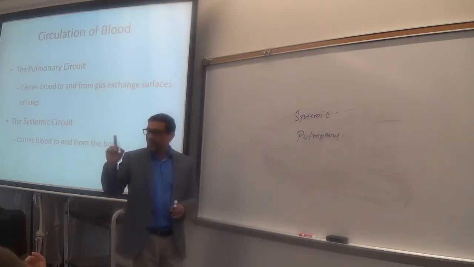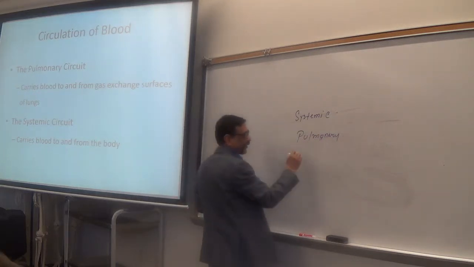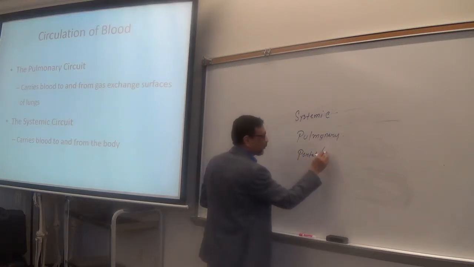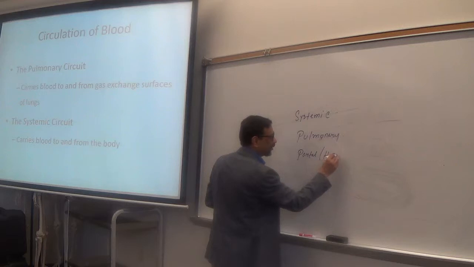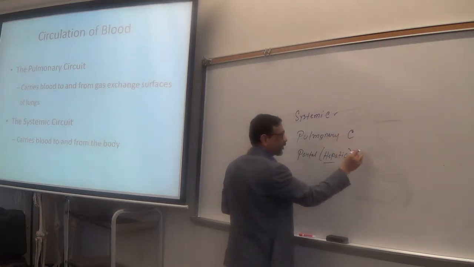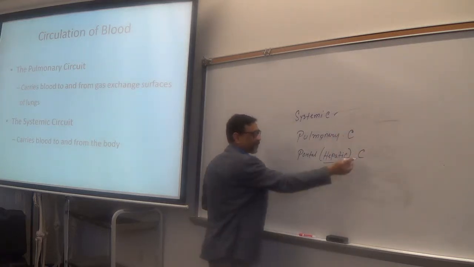There is another type of circulation in the adult body that is called portal circulation. Portal or hepatic portal, same thing. Hepatic means liver circulation. So systemic circulation, pulmonary circulation, hepatic portal circulation.